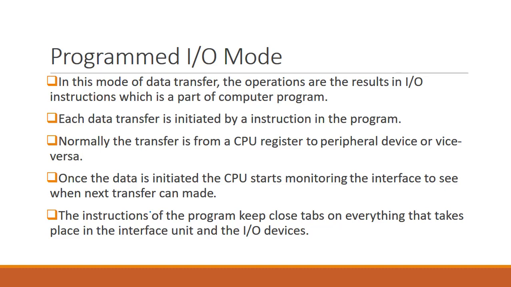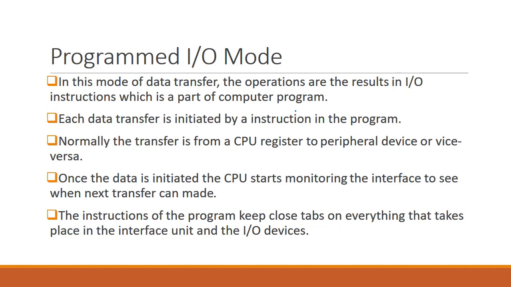So what is programmed input output mode? In this mode, data transfer operations are the result of input output instructions, which are part of a computer program. That means, as we know, a computer executes instructions one by one.